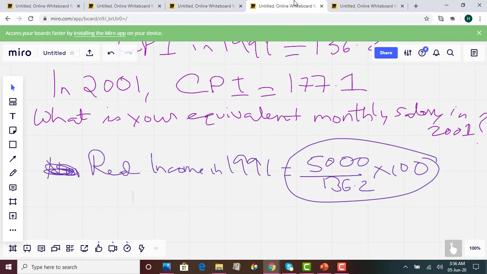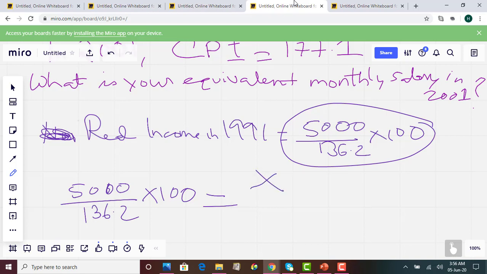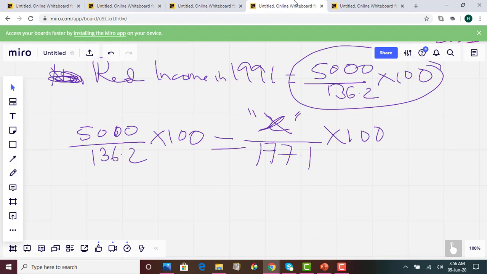So we keep this as 5,000 divided by 136.2 times 100, which equals X. We don't know the nominal income in 2001, which we're trying to find out, but we do know the CPI in 2001, which is 177.1 times 100. So now we calculate this X by crisscrossing.